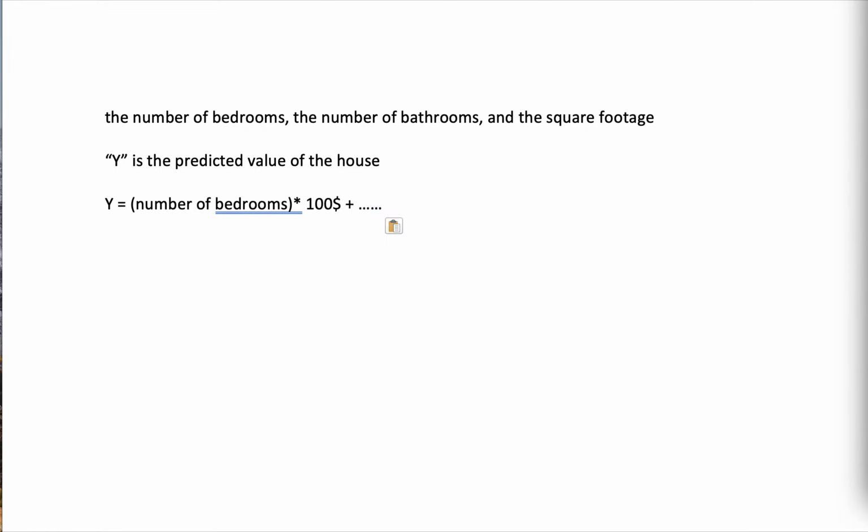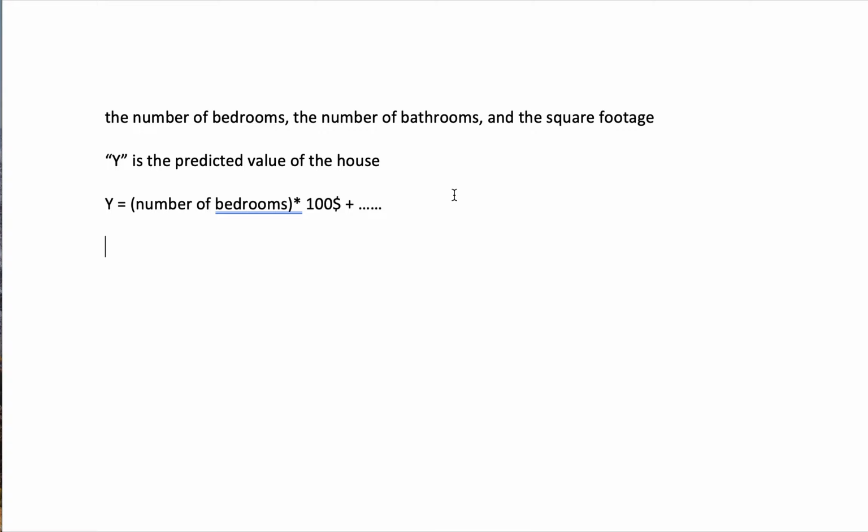So let's move on to the next feature, the number of bathrooms. And let's say that the number of bathrooms in the house will determine the price, and the relation there is that each bathroom increases the price or the expected price of a house by $50.